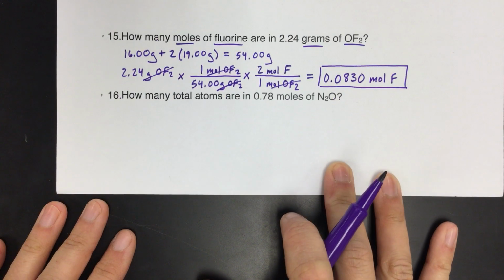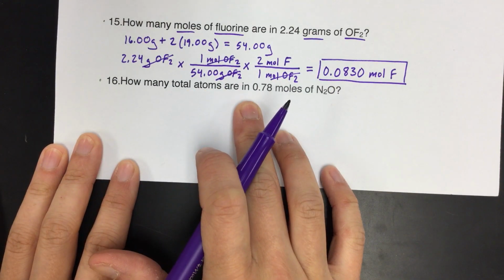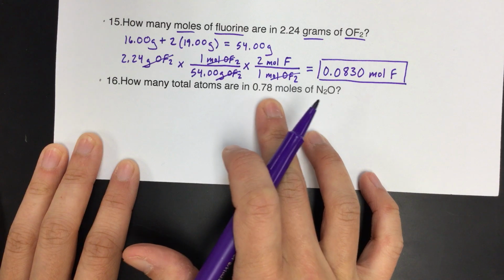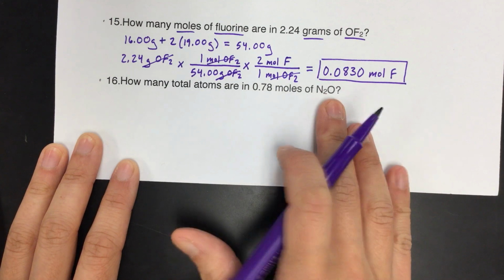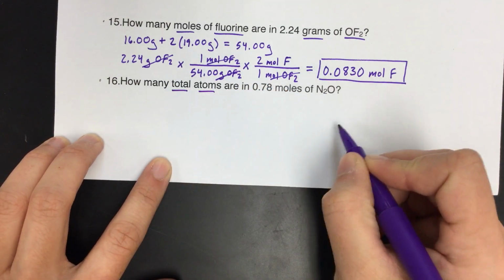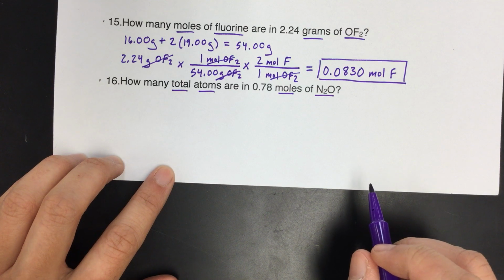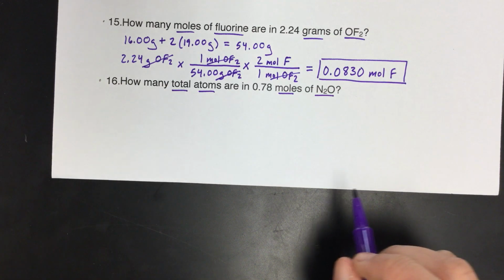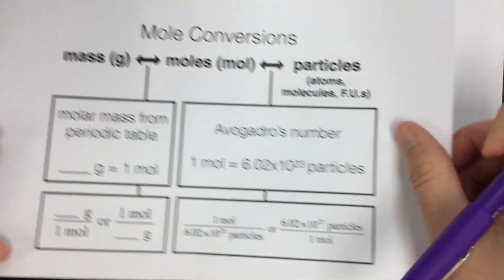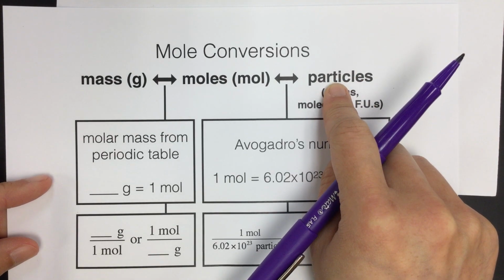Okay, we'll do one more tricky one. Number 16. How many total atoms are in 0.78 moles of N2O? So another tricky one here. It's asking for total atoms, and we're starting with moles of N2O. So for this one, we're going from moles to a type of particle, once atoms, right?